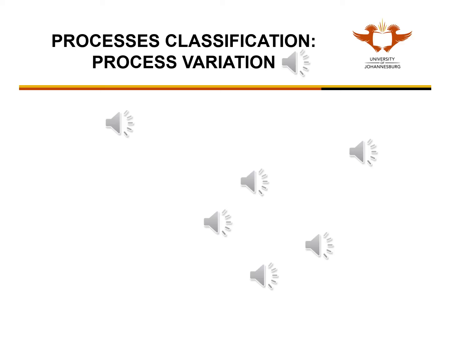Another way to classify your process is to look at the variables and see if they change with time. Steady means stable, unchanging.